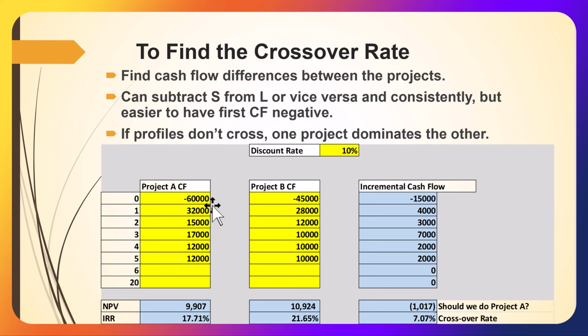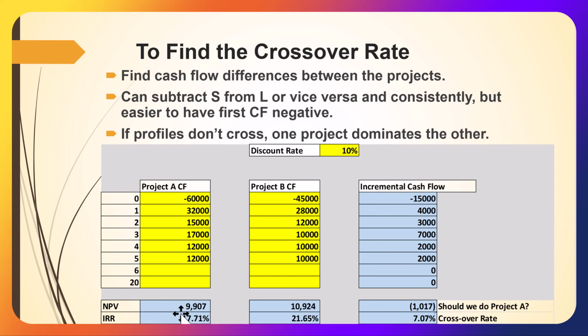So negative 60,000 minus a negative 45,000, that is negative 15,000. Again, the reason I switched these is I wanted the project with the highest cost to be first. That way we start out with a negative number over here. It just makes the analysis a little cleaner.